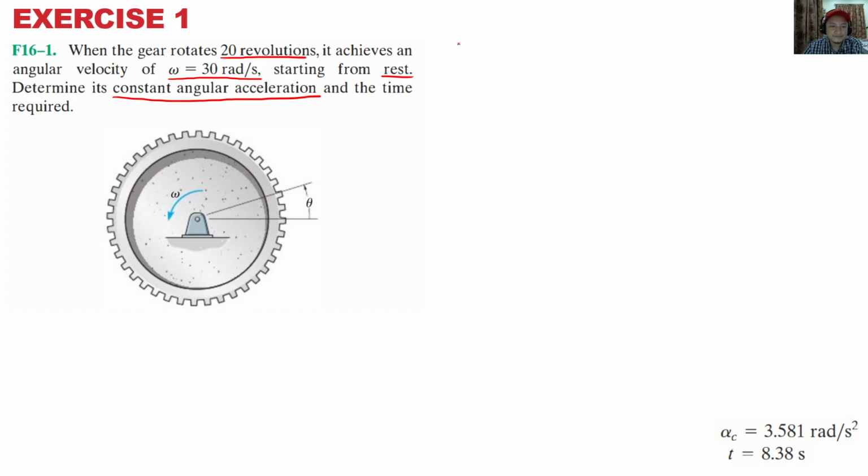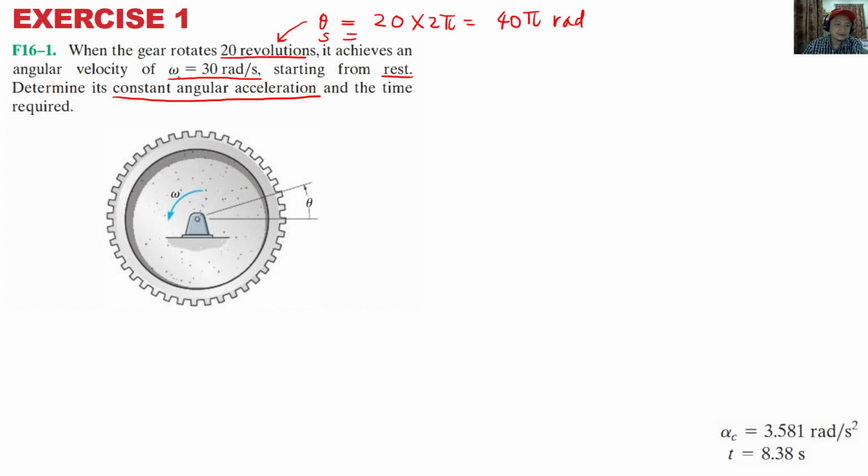So this one is pretty straightforward. 20 revolutions, this is your theta. So the theta becomes 20 rev, so 20 times 2 pi. So you get 40 pi radian. This is the theta.